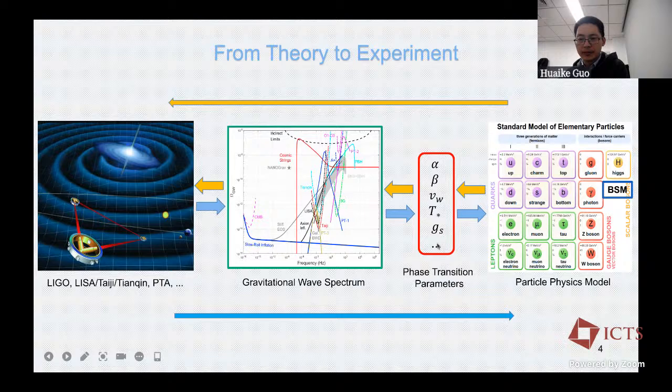And once we have this set of parameters, we can calculate, or use large-scale simulations, to obtain a spectrum. This spectrum is for a stochastic gravitational wave background, different from the gravitational wave signal from a binary system. Of course, they are the same kind of gravitational radiation predicted by general relativity, but on the experimental side they behave differently.